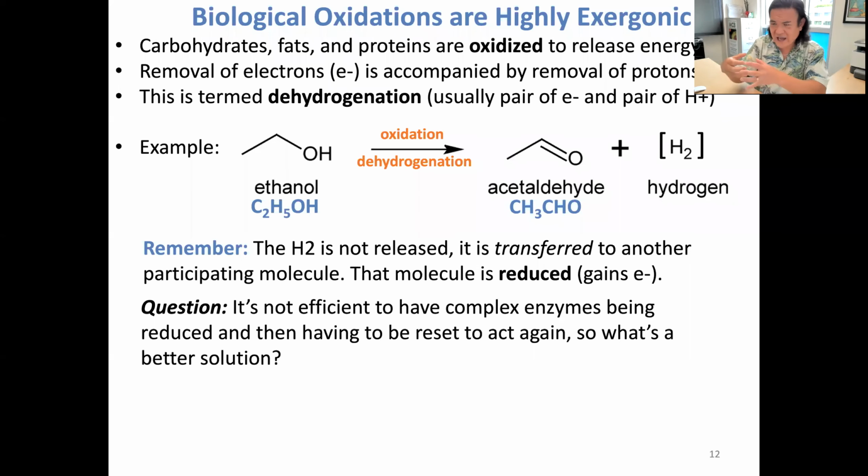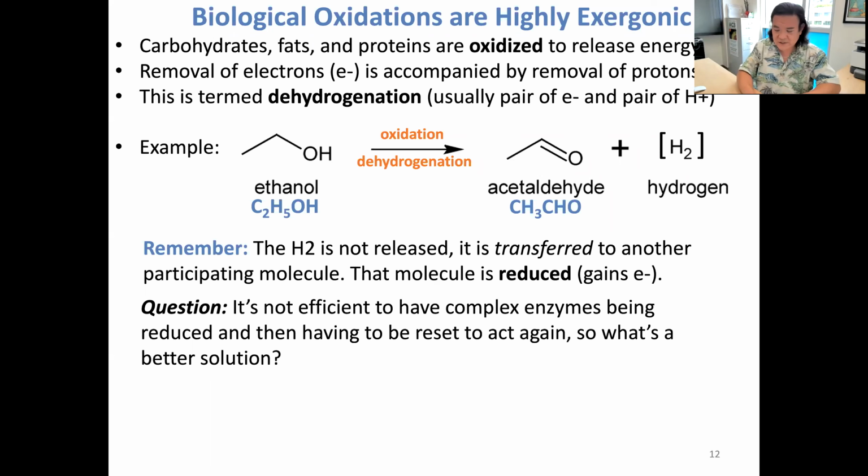So what would that involve? Well, you could say that would involve another enzyme that takes that pair of electrons off of the first enzyme and transfers it to the second, and so on and so forth. You can already tell that would not be a very efficient way of dealing with this, because you'd have to always have the next enzyme that takes the electrons off of the previous enzyme.